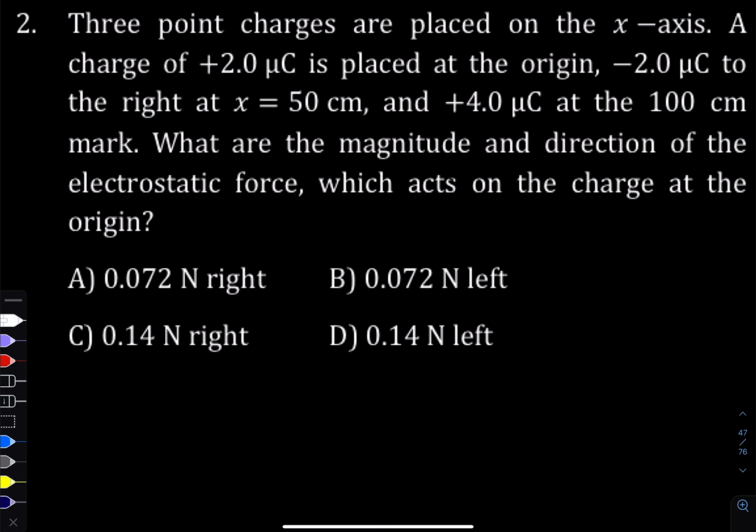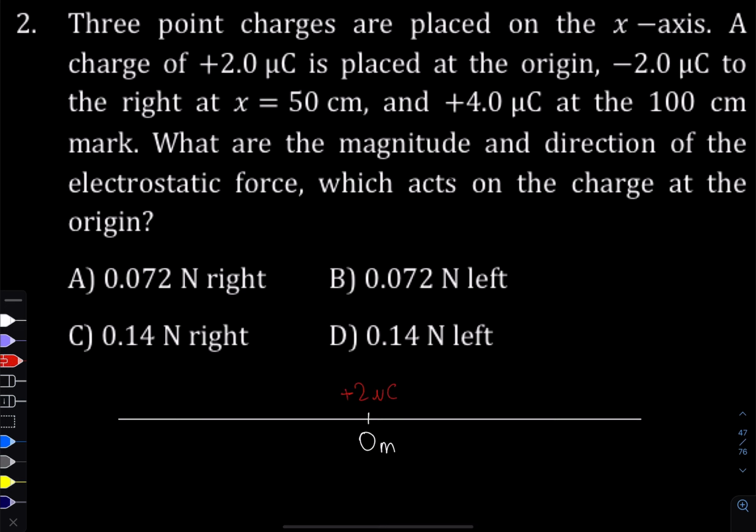So we're going to draw our x-axis here, and we have the origin, which is 0 meters. So a 2 microcoulomb charge is at the origin. So we have a 2, and it's positive, right? So positive 2 microcoulombs here at the origin.